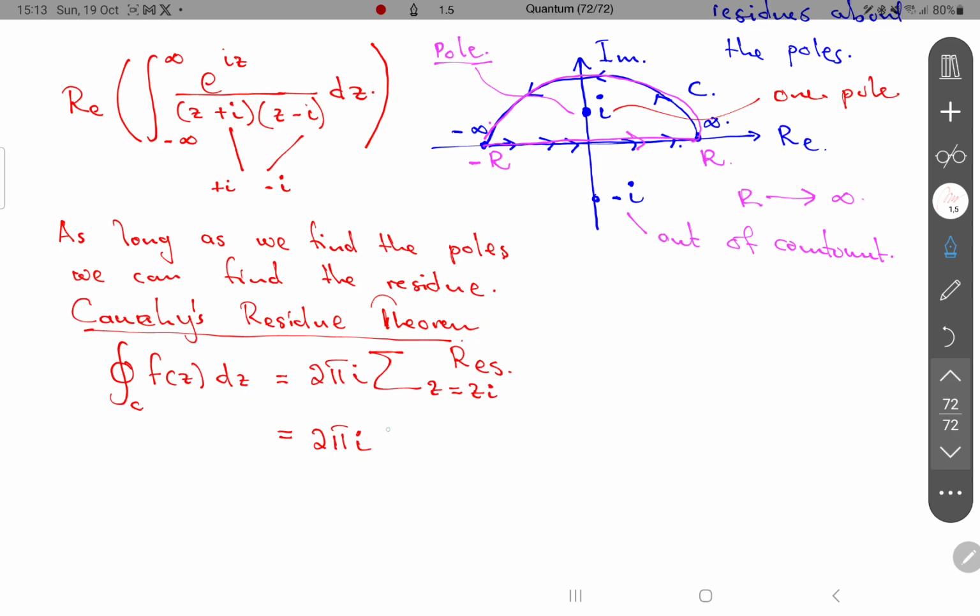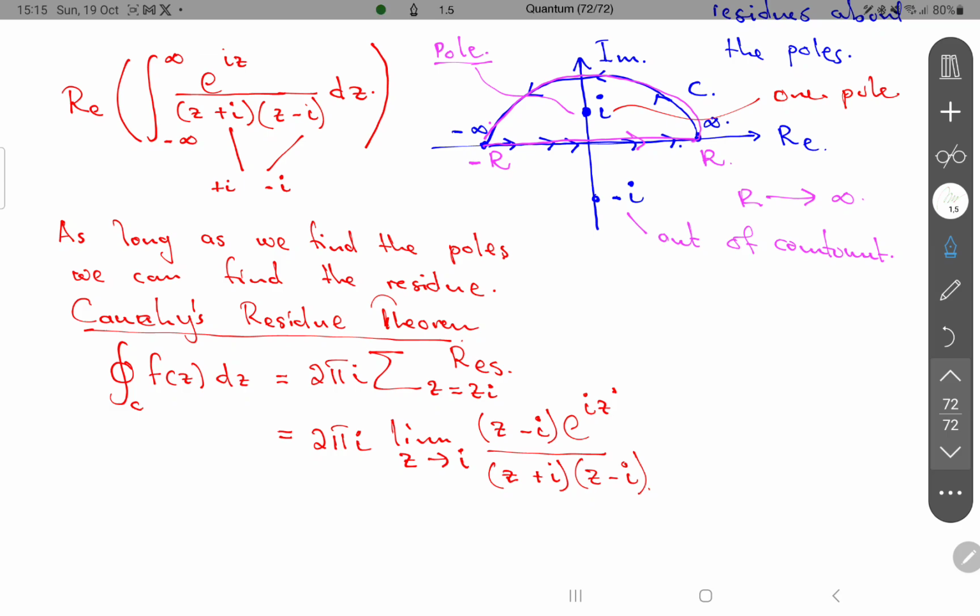So it means that it's going to be the limit as z approaches i of (z minus i) e^(iz) all over (z plus i)(z minus i).